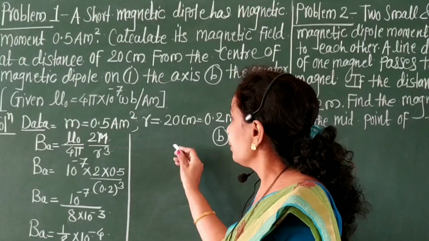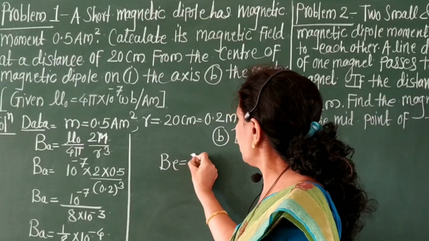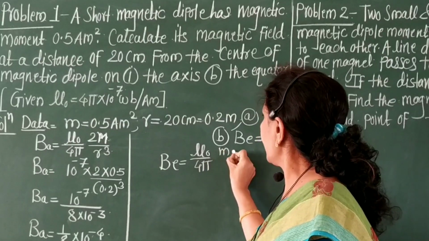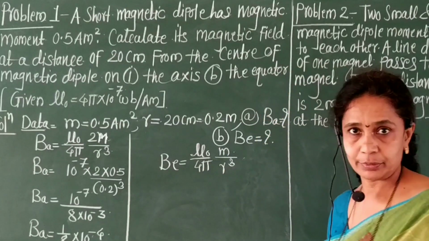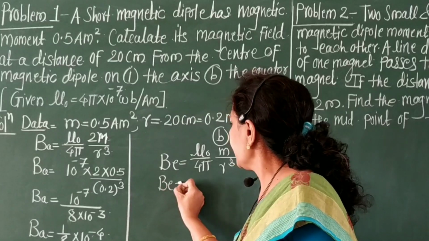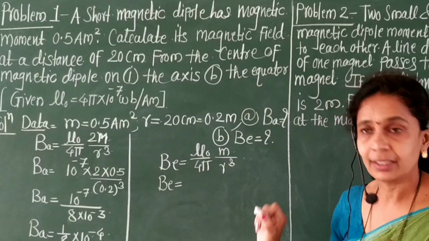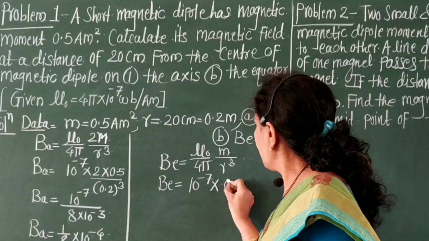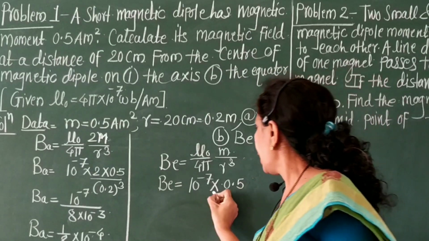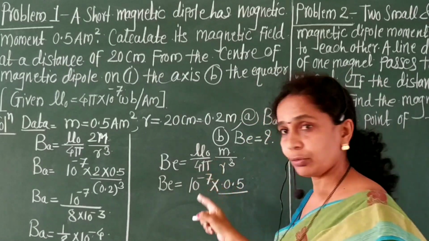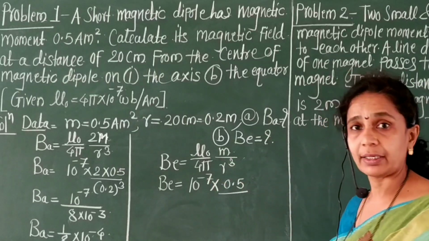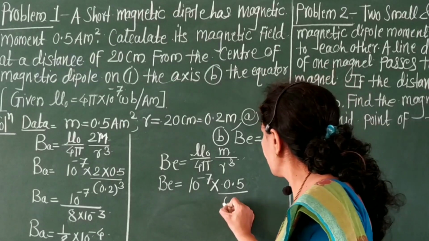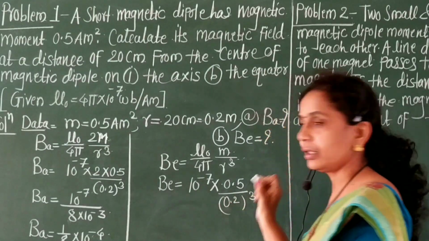Let us calculate the BE. BE is equal to mu naught upon 4 pi, small m upon r cube. Okay, therefore BE is equal to mu naught upon 4 pi, which is 10 raised to minus 7, into small m is 0.5, upon r cube. What is r cube? R cube is here 0.2 bracket cube.